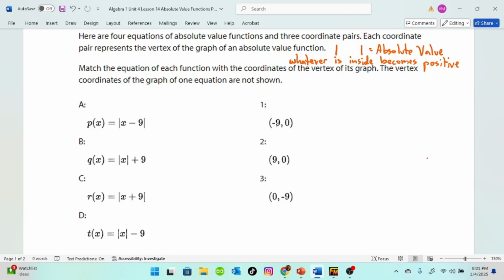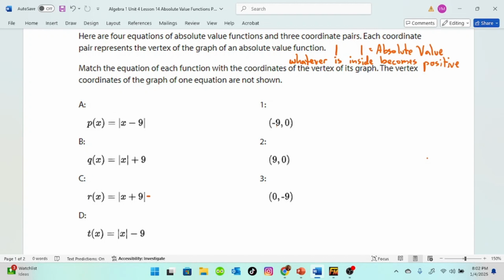If I take this negative 9 and I put it into b, then that negative 9 becomes positive 9, and 9 plus 9 is 18. So that doesn't match. If I take that negative 9 and put it into c, negative 9 plus 9 becomes 0, and the absolute value of 0 is 0.